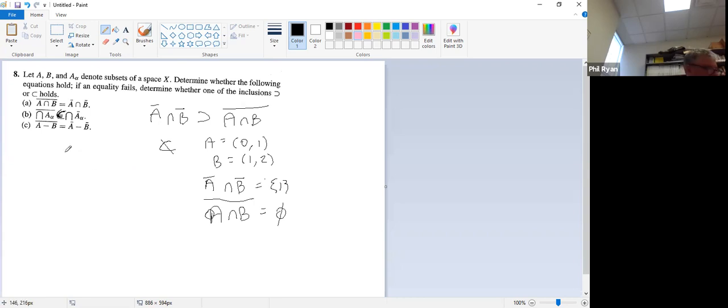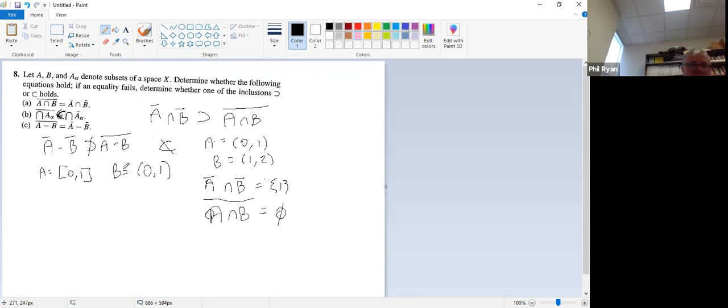So what about C? Well, we can have the closure of A minus the closure of B not necessarily contain the closure of A minus B. For example, if we look at A equal to the closed interval [0, 1] and B equal to the open interval (0, 1), right?